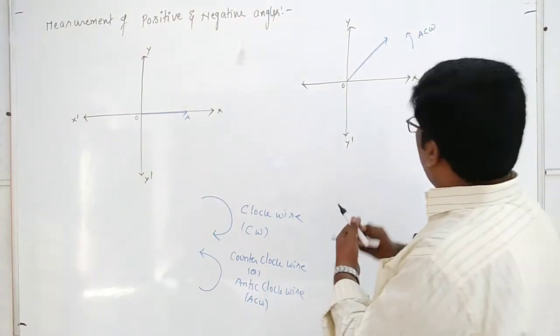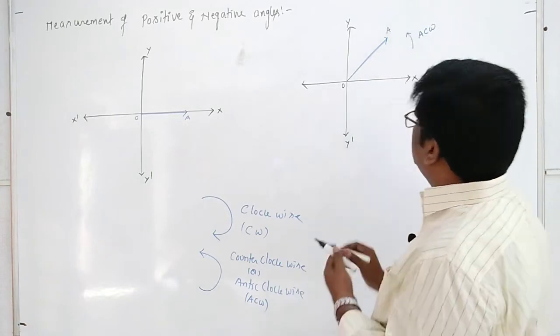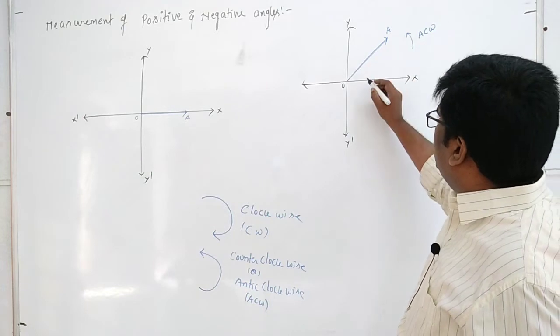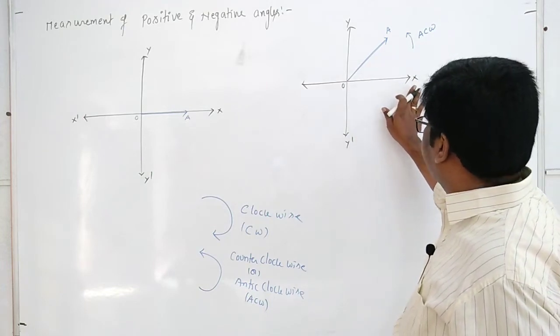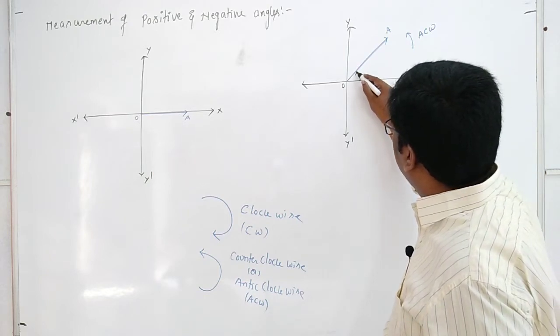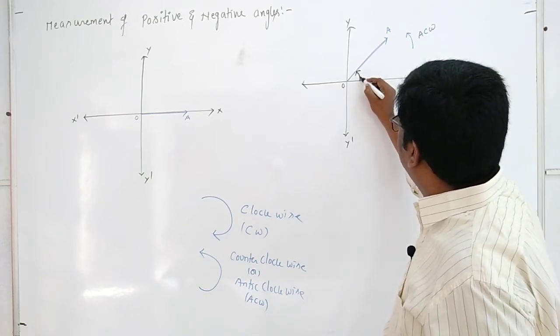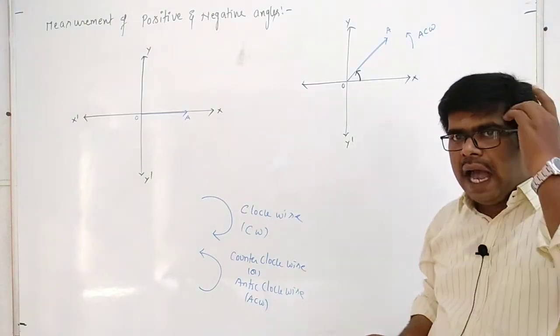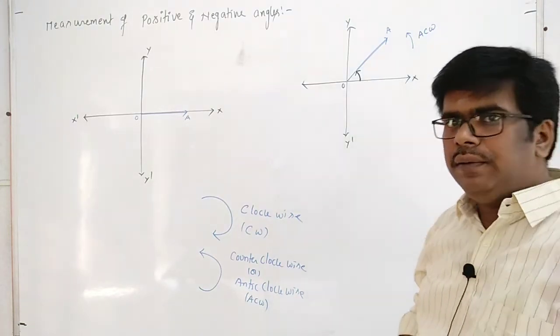So this is OA. The angle of this ray with respect to the positive x-axis, we are going to measure in what direction? Anti-clockwise direction.